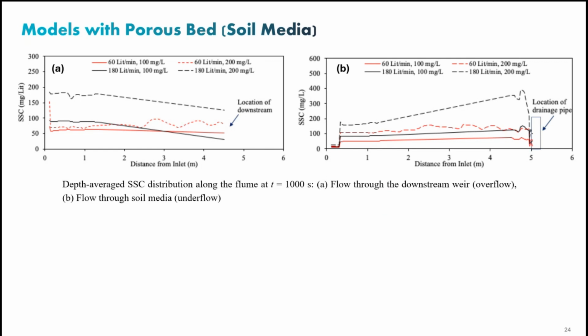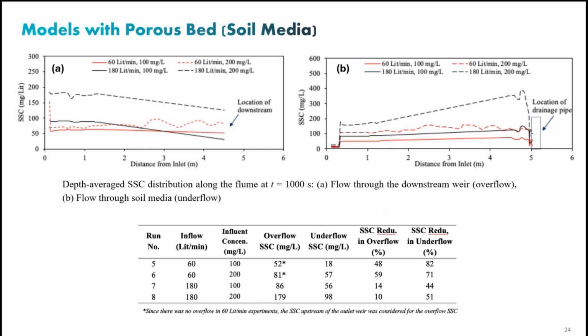You see in overflow, sediment is decreasing, obviously, because of settlement, but in the underflow, as the flow goes through the soil, more sediment is captured, and you see more concentration inside the soil. But the outlet definitely is going to be much smaller. Next slide, please.